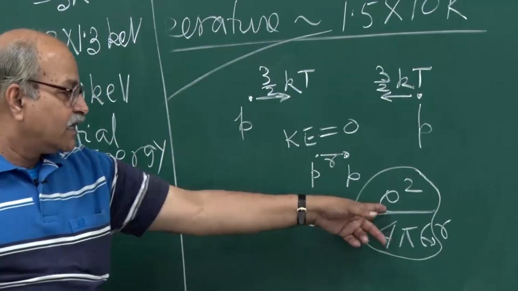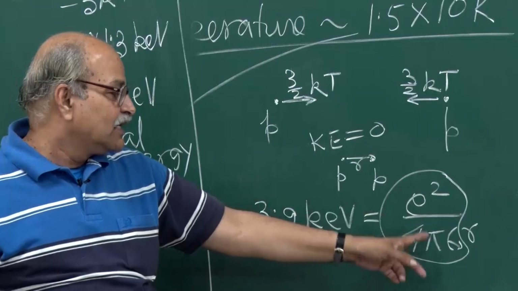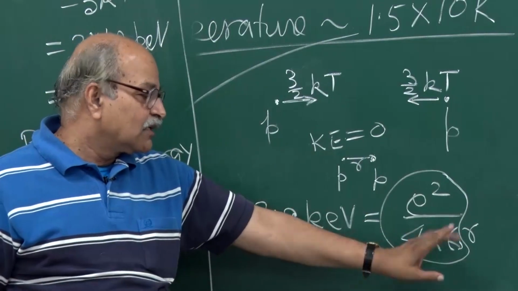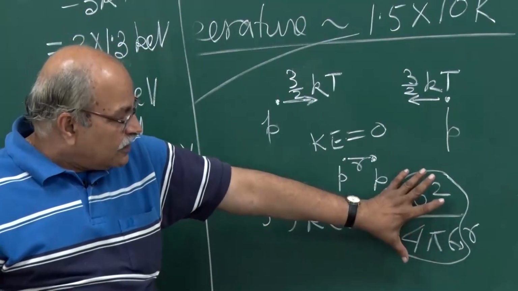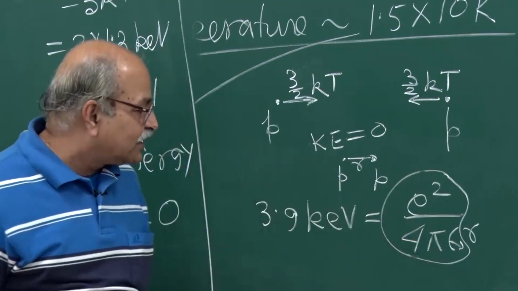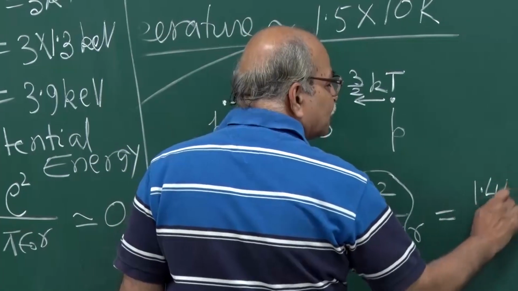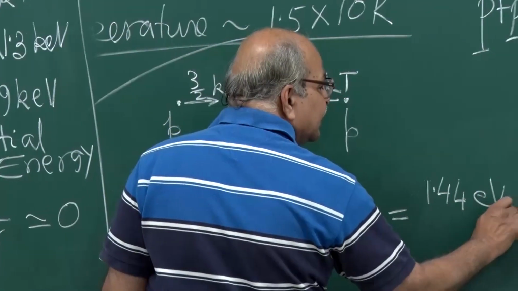This is the electronic charge, 1.6 times 10 to the power minus 19 coulomb, and epsilon naught is a fixed quantity. If I calculate this entire thing, e squared over 4 pi epsilon naught in proper units, it turns out to be 1.44 eV/nm.